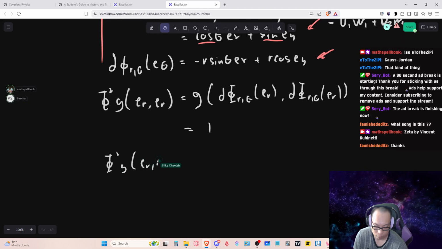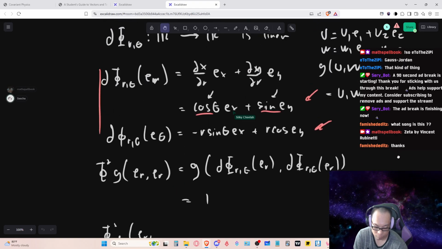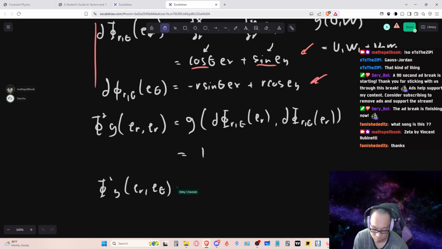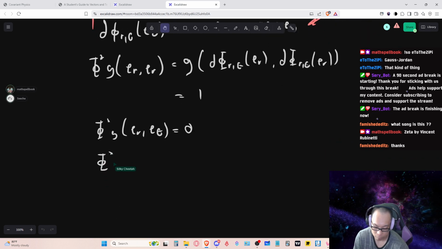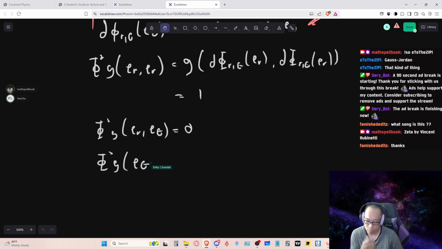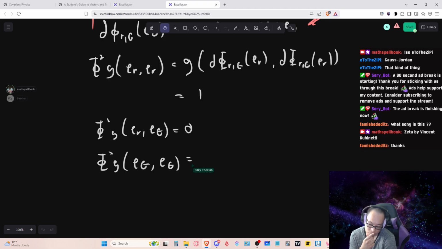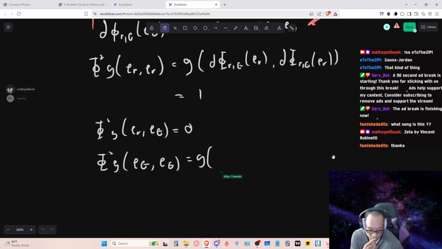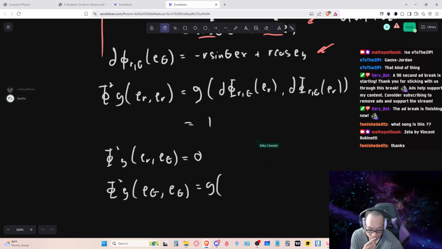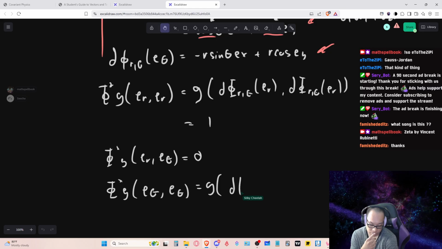Maybe that's an exercise you can do, but you can check by unraveling everything that ER with E theta is 0. So they are orthogonal. The only interesting thing in that computation is what happened to E theta. So what are we pushing? We're pushing E theta.